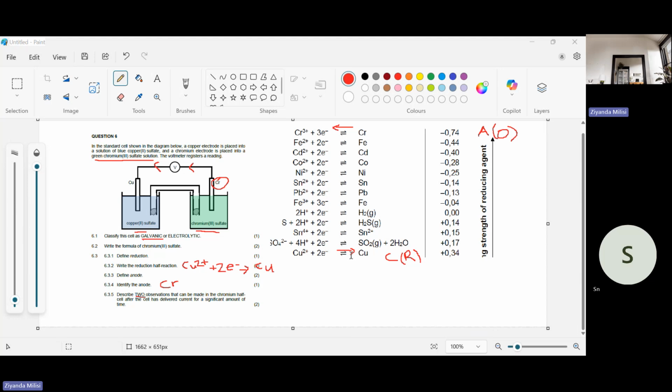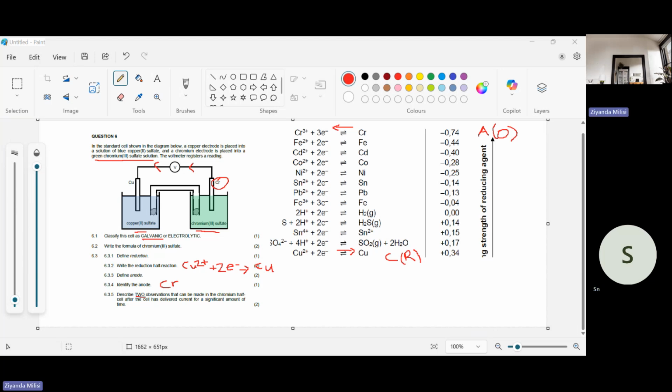Okay. It's also most appropriate to write them separately, because it's two reasons. The CR will decrease in what? In mass. The other one, the green color of the electrolyte will darken.